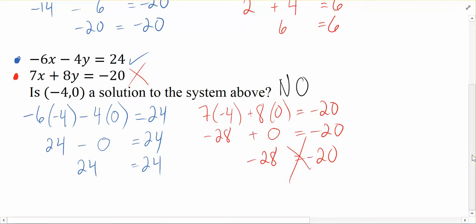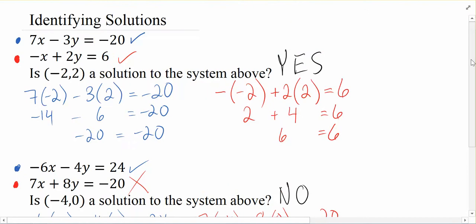But if we go back up and think about what's going on graphically for the first example, then the ordered pair negative 2, 2 worked on the blue equation. Therefore, if we graphed it, it would be on the blue line. But similarly, negative 2, 2 would be on the red line as well. So the ordered pair that's on both the blue line and the red line would be the solution. So if we think about what that means graphically, it means where your two lines cross.